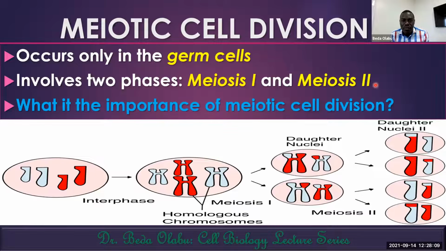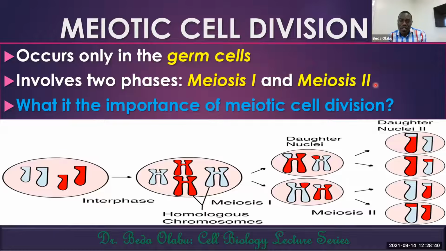Remember, these are the germ cells, the cells that will eventually meet at fertilization, so that we then form a zygote and yet, yes, another human being formed. The reason why we make these cells to be in the haploid state is so that when fertilization takes place, we can restore the normal diploid number of chromosomes.